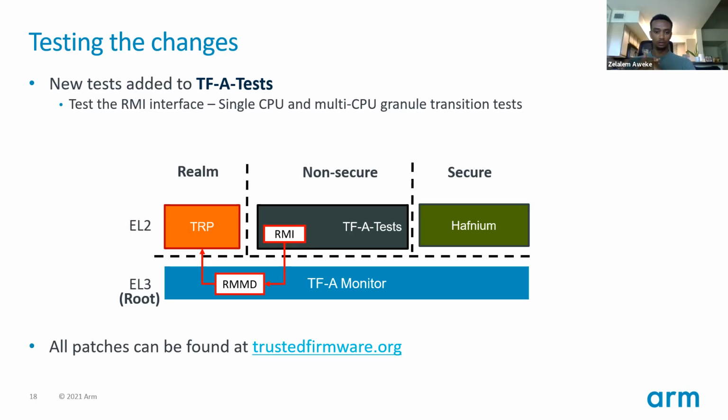Okay. Zelalem, I have a related question. How different is it from BL2 at EL3 then? You said there is some difference. Can you tell at a high level what is newly done for BL2 at EL3 in the RME case? Yeah. Like I said, we need BL1, and BL1 has to do some initializations.